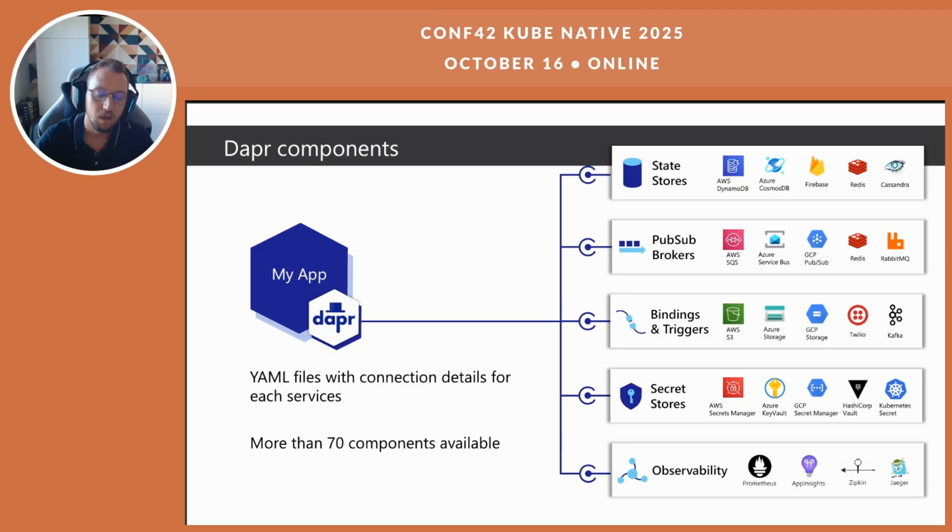So you have a dedicated YAML file for state store, for pub/sub broker, binding, secret store, and so on. For example, for state store, if you choose AWS DynamoDB, you have one YAML file that will get all the connection details for Dapr to connect to that DB. And it's the exact same principle for everything about Dapr components.